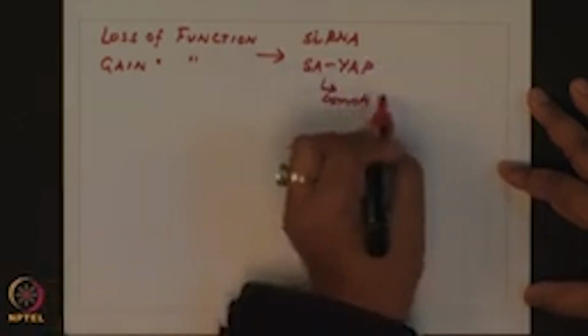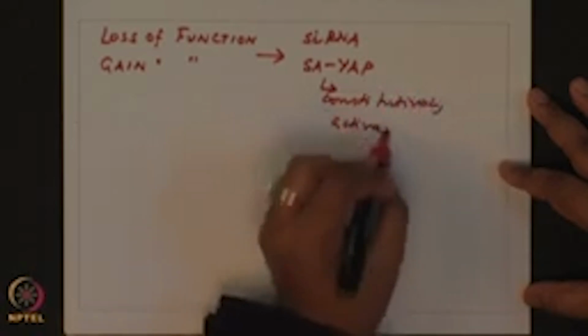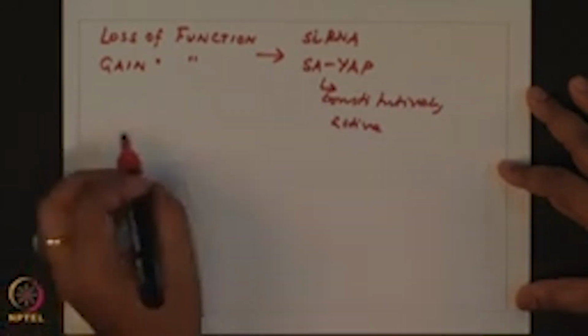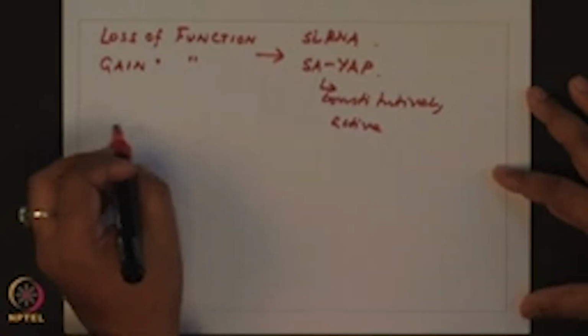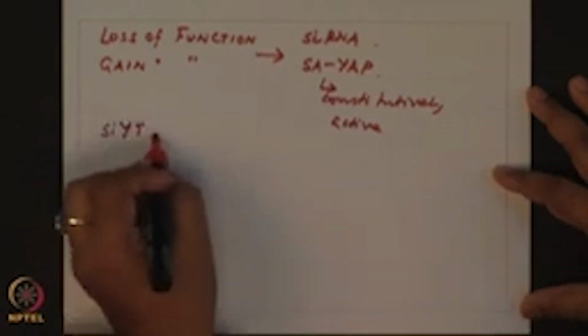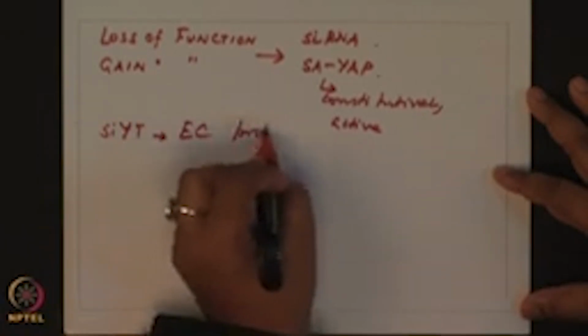This was always constitutively active, and what they found was, when they knocked down YAP-TAZ signaling, endothelial cell proliferation dropped significantly.